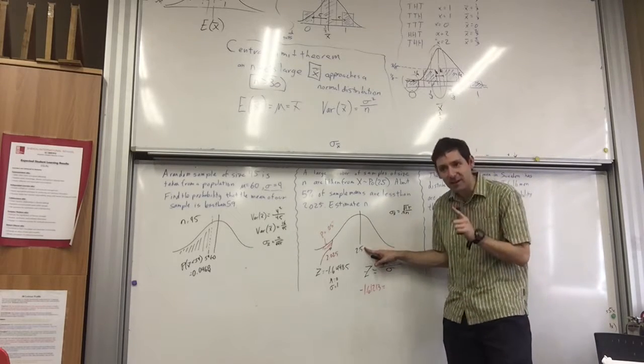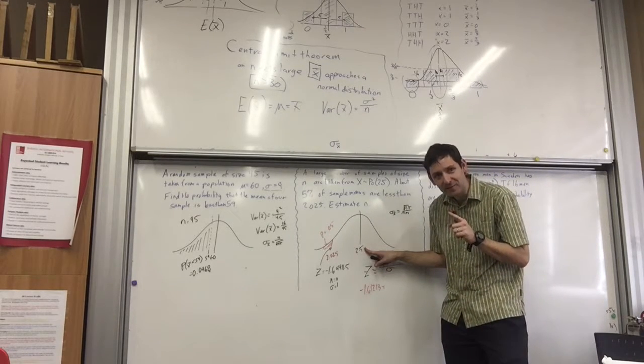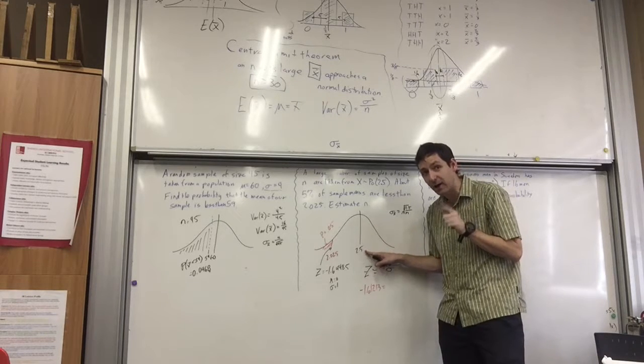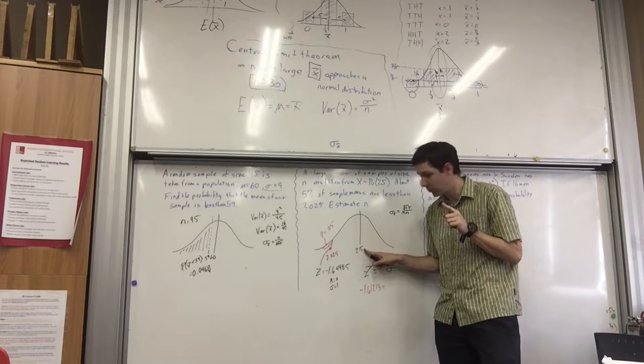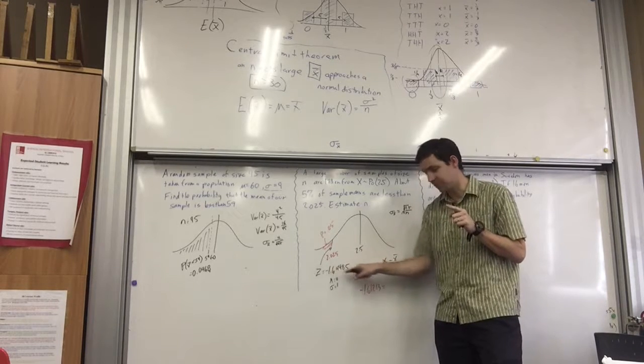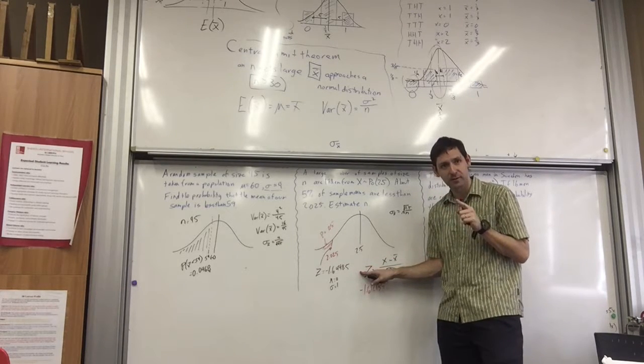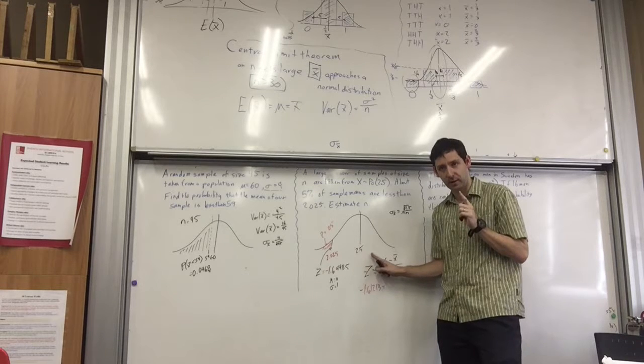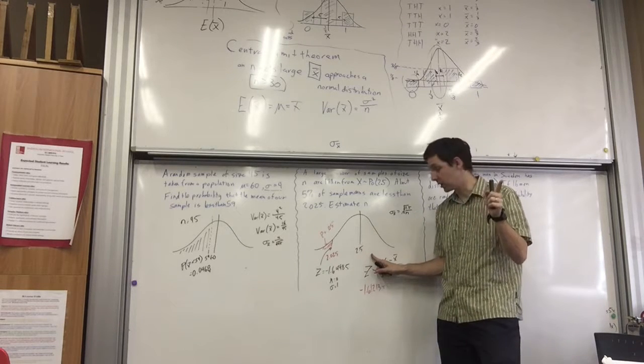Why can I not use this number? But why can I not use this one? Why can't I use that to get this number here? Because we're finding the z-score. Okay, and why am I getting the z-score, not the actual number?